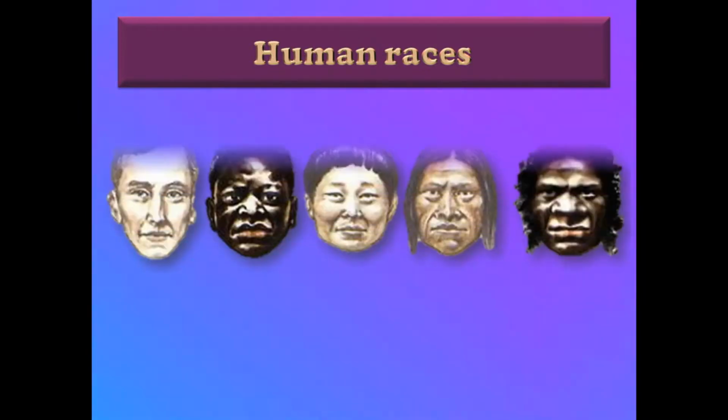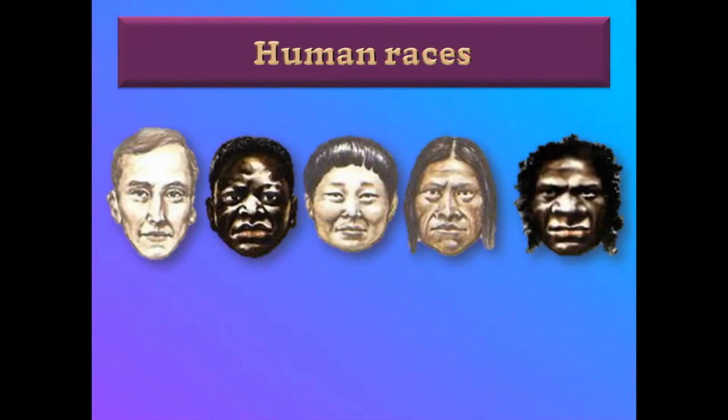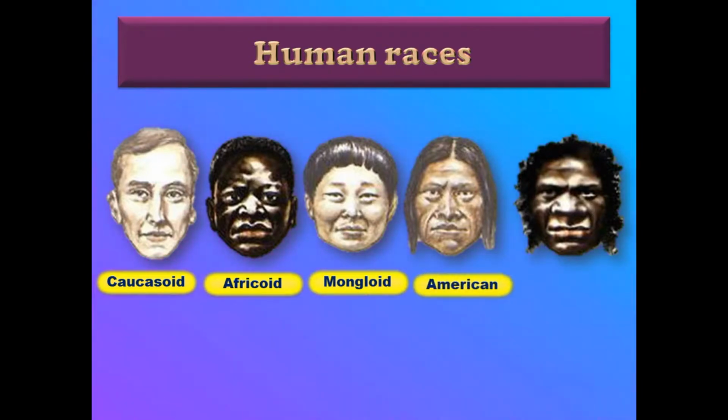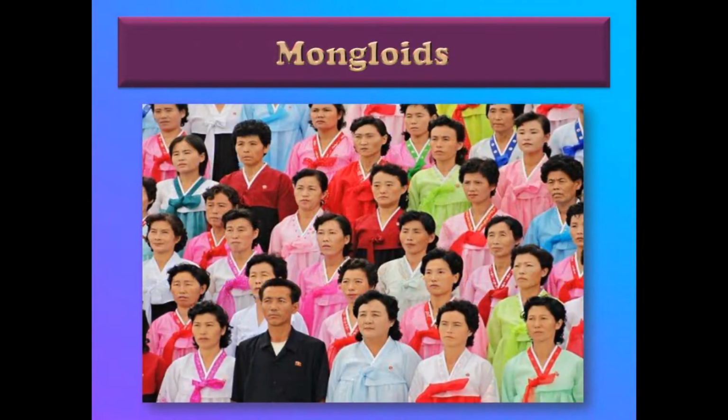Here also you can see the different races: Caucasoid, the Africoids, Mongoloids, Americans and Australoid. So, different races we can find in different geographical areas. These are the Mongoloids: the Koreans, Taiwanese, Chinese, Japanese, all those belong to Mongoloids.